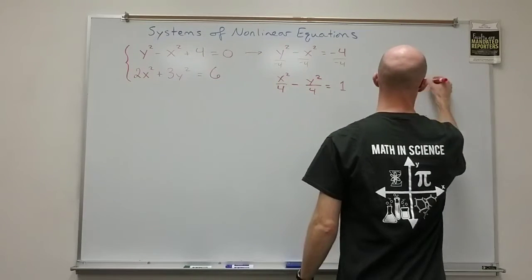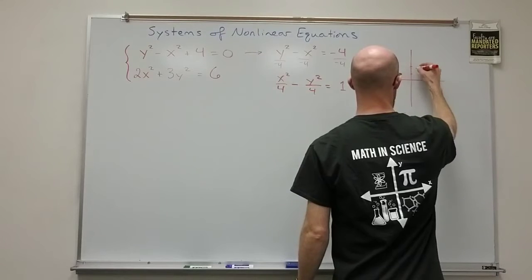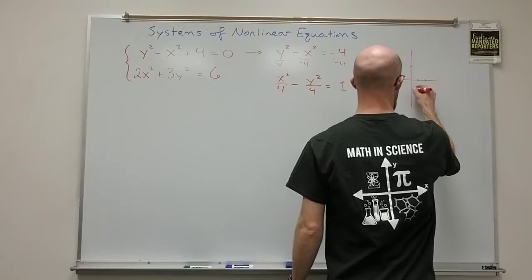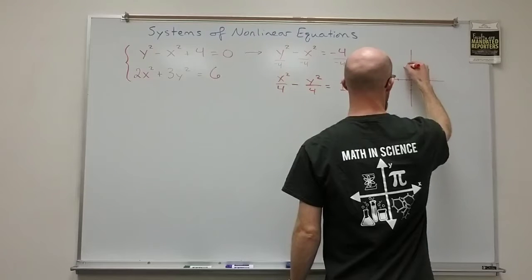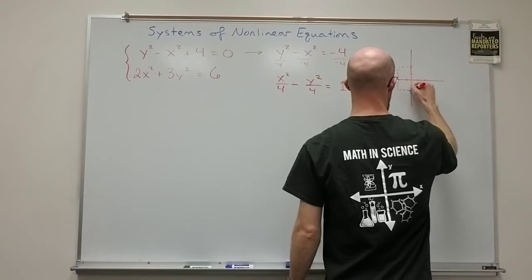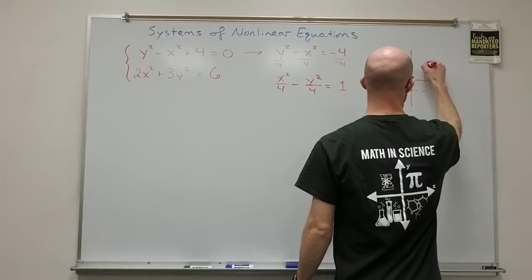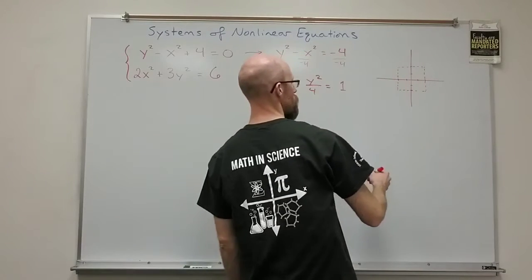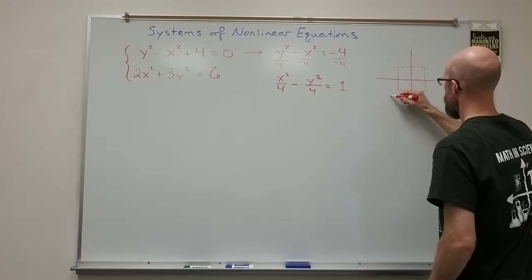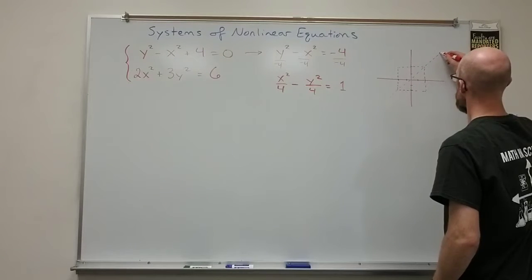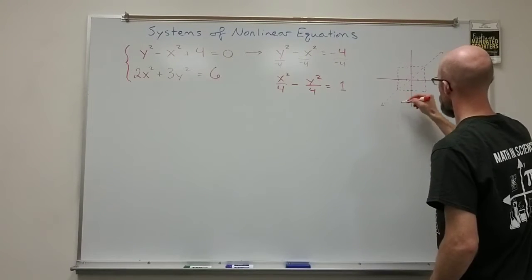Utilize my space here. So 1, 2, 1, 2, 1, 2, 1, 2. I don't want a lot of detail here, but just enough to where I can tell. So it's 2, 2 in each direction, a 4 by 4 box, and then I draw my oblique asymptotes in.